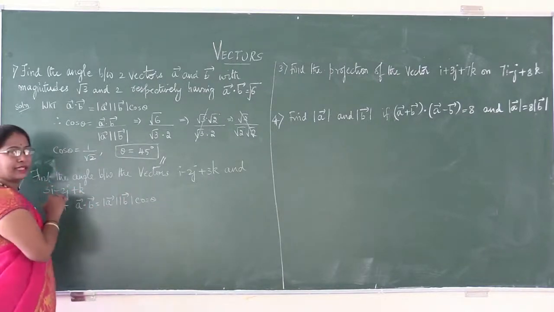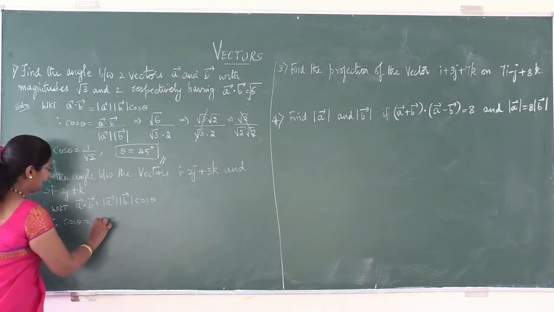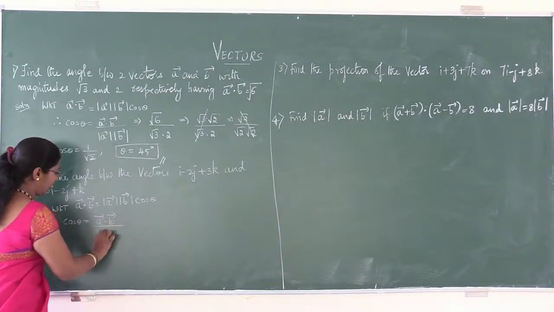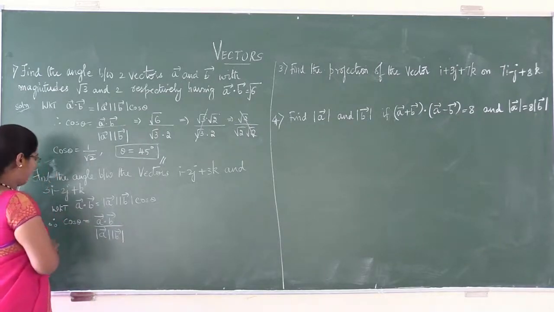But what does the question state? Find the angle. Therefore, cos theta is equal to vector A dot vector B divided by magnitude of vector A, magnitude of vector B.